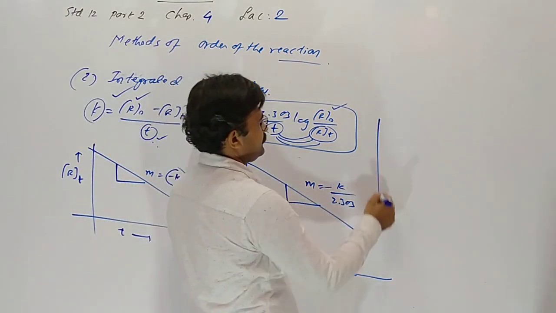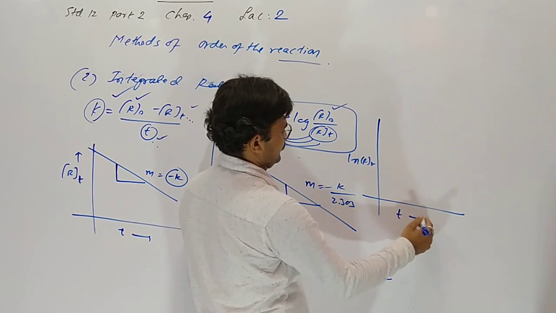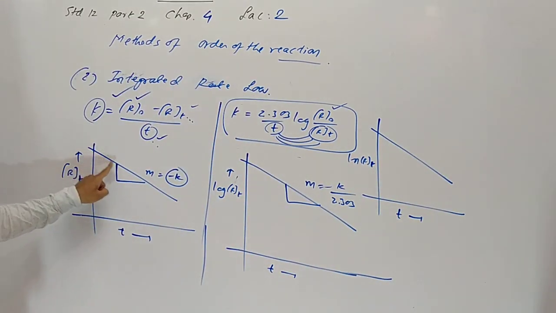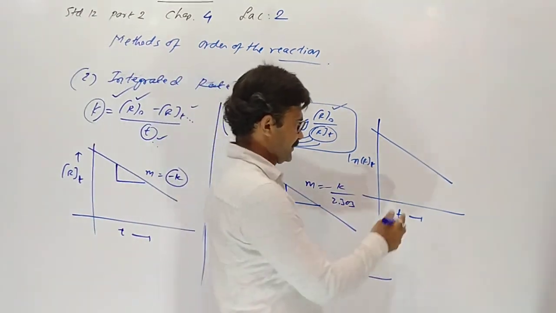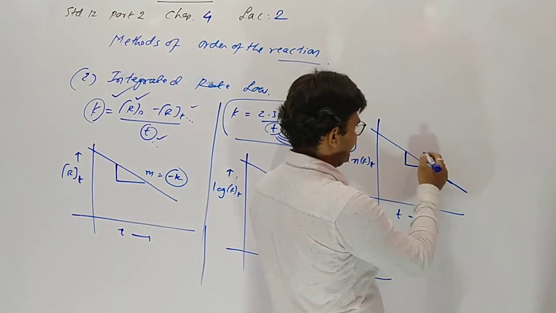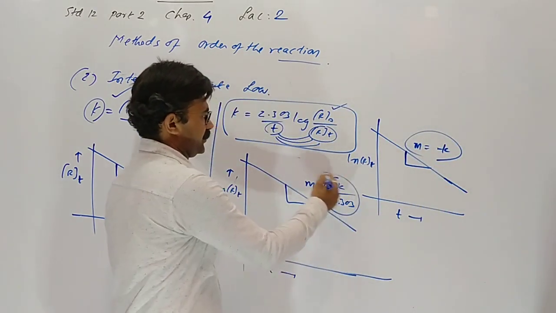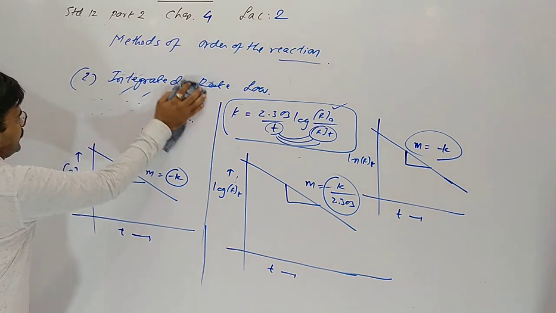If we plot Rt versus t and it is a straight decreasing line, the slope will be minus k. Here log Rt versus t is linear with slope k upon 2.303. On the basis of this, we can derive whether the order of reaction is 0 or first.